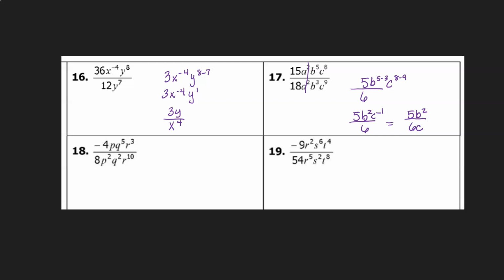Okay, negative 4/8 gets reduced to negative 1/2. We're just going to leave that negative sign there. That's not a negative exponent. So I have p to the 1 minus 2 power, q to the 5 minus 3 power, r to the 3 minus 10 power. Let me make sure I didn't miss any negative signs in there.